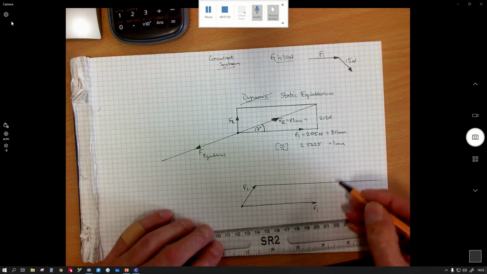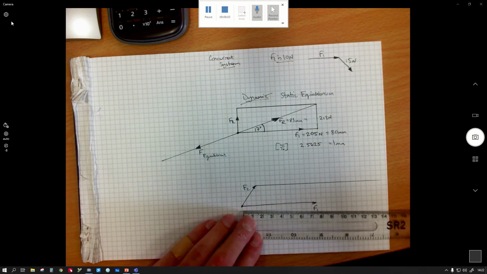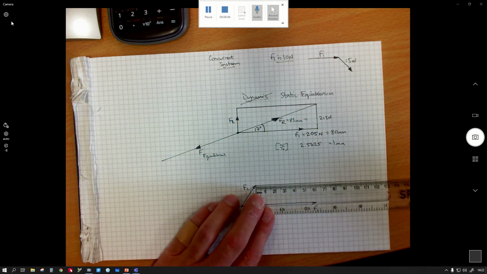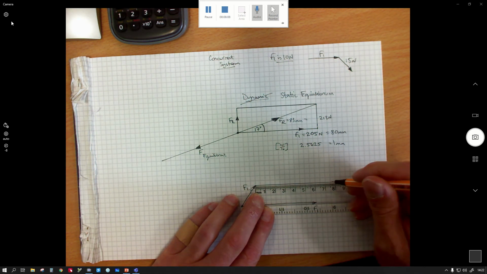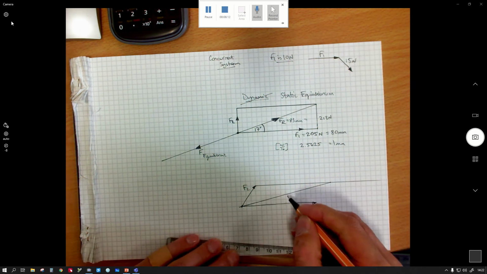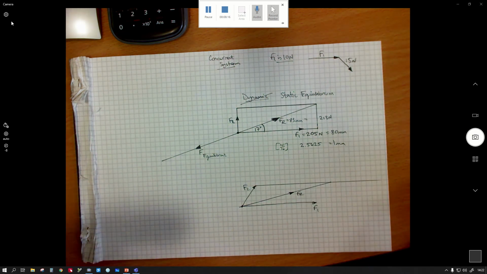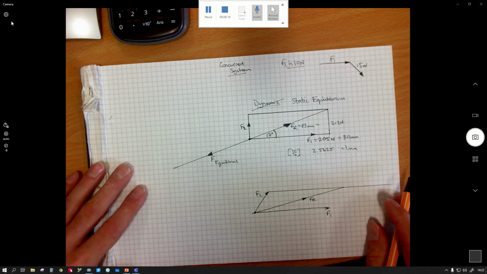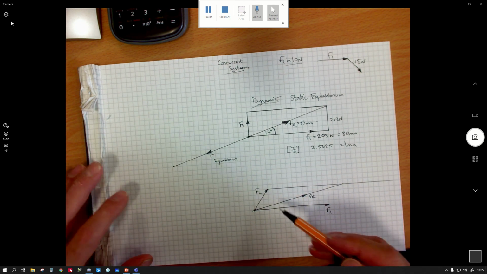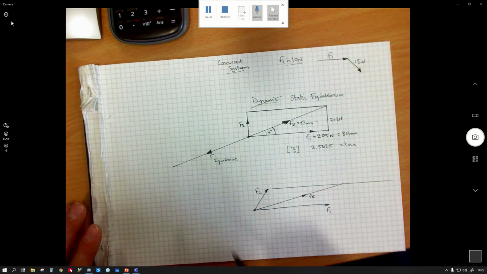You could then do another one parallel to F2 if you wanted, or alternatively just mark that same length on there. So what that length is, 75, so I can go 75 along there. So that would be here, and that's my FR in there. Again, you'd have to know one of the forces. So don't get dismayed if you see a diagram where the vectors are at an angle to each other. It's exactly the same process.